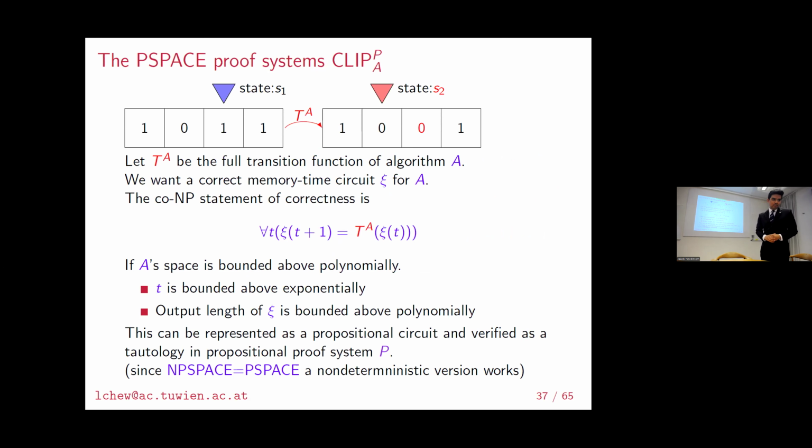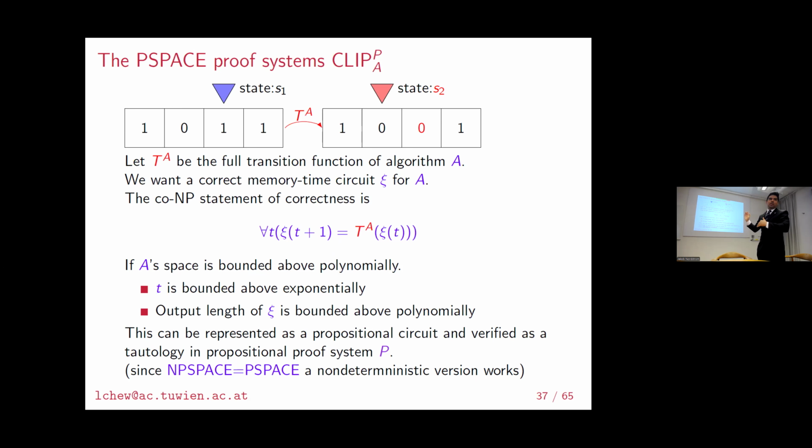So this is the proof system CLIP, and it's parameterized by some propositional proof system P and an algorithm A that runs in polynomial space. Think of this algorithm as running on a Turing machine. We have a transition function from one state to another, and we want to calculate how the memory evolves over time, and we use a multi-circuit.